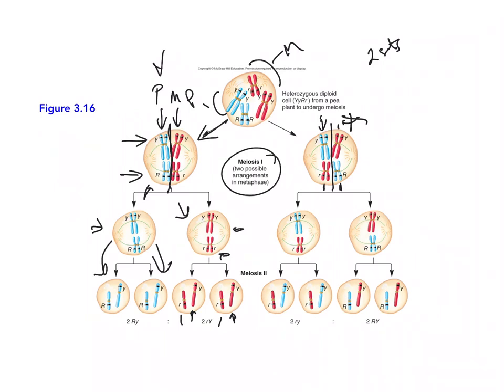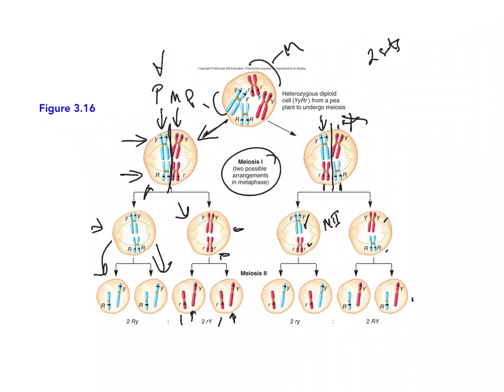So now we're going to end up with a different starting point at the beginning of meiosis 2. Here's a paternal, here's a maternal, here's a paternal, and here's a maternal. Notice too that means we're going to get different arrangements of alleles in our gametes at the end.